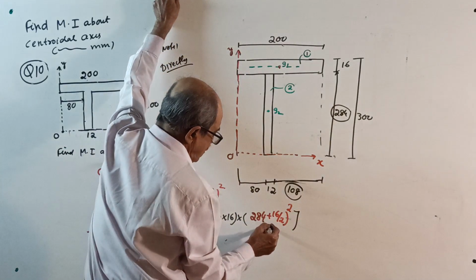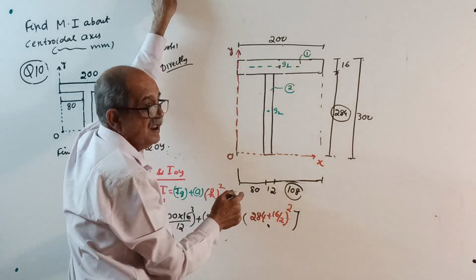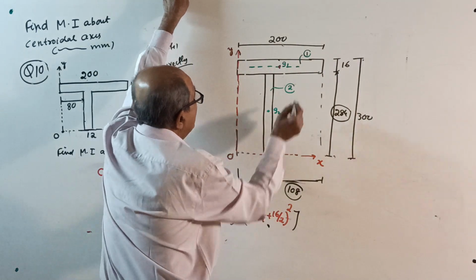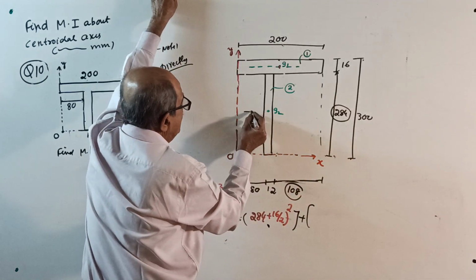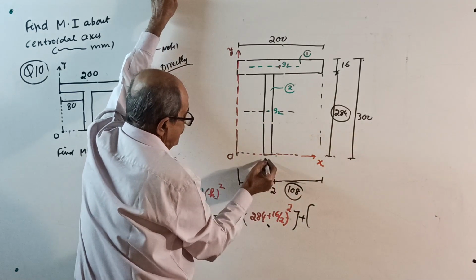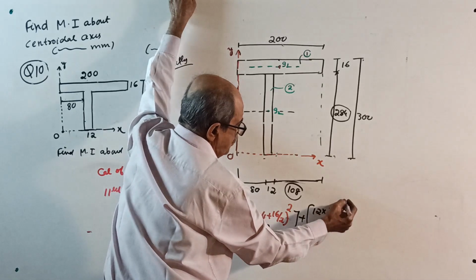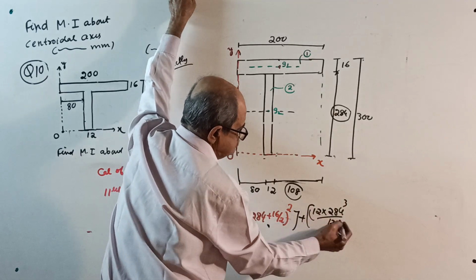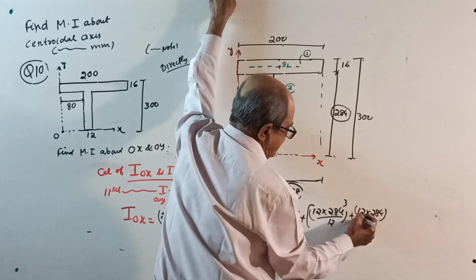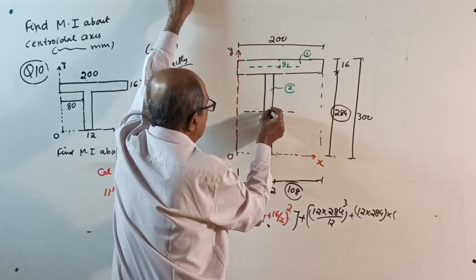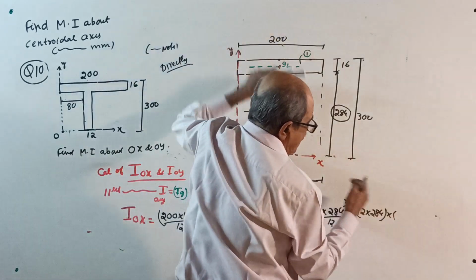Or you can make a note here, or 300 minus 16 by 2, whole square. Plus the second one, I about its own axis: 12 into 284 cube divided by 12, plus area, 12 into 284, into the distance from centroid to OX, squared, which is directly 284 by 2.